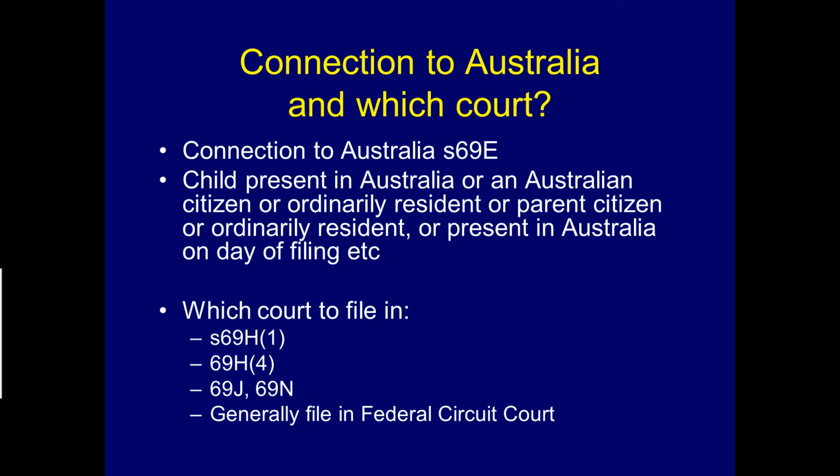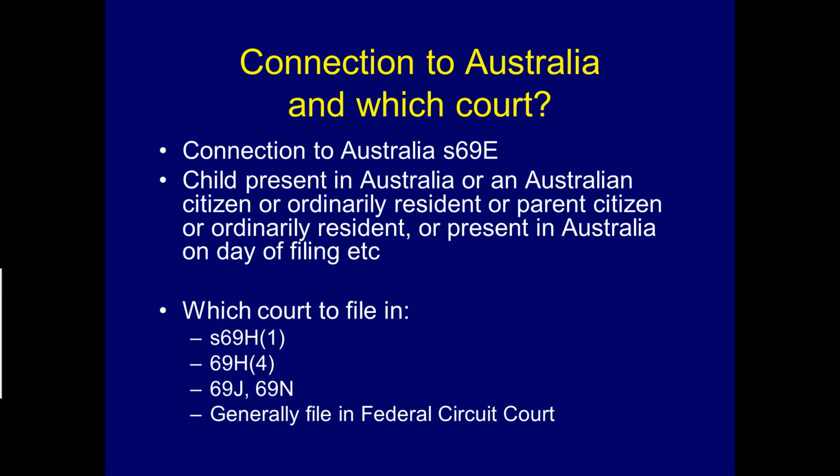In Australia, there has to be some connection, and I guess this is the relevance of working with people who aren't Australian citizens. So if the child or parent is an Australian citizen, there is no problem. They can file an application. Apart from that, they must have been ordinarily resident in Australia or present in Australia on the date of filing. So have a look at that section.